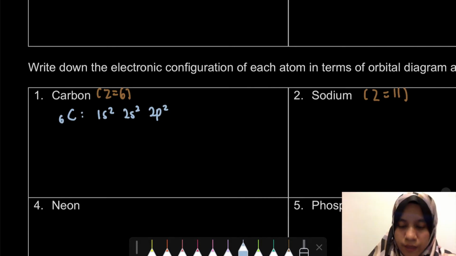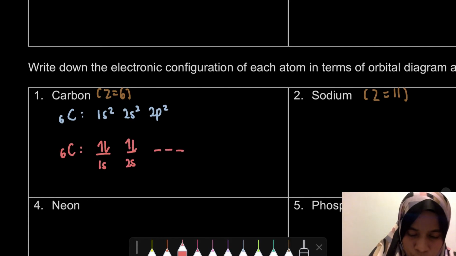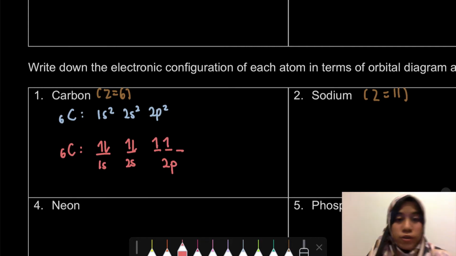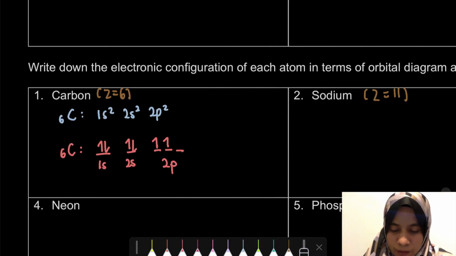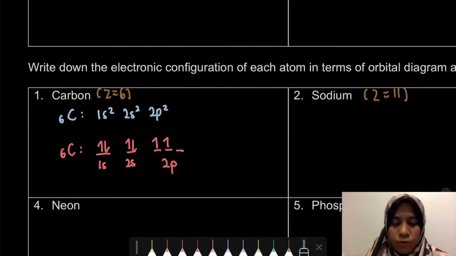And then for the orbital diagram, 1s2, 2s2, 2p2. Remember, even though the electrons are not filled, you must draw the 3 orbitals. And for the orbital diagram, you don't have to write the 2 here, it's not necessary, it would seem like you're overdoing it.